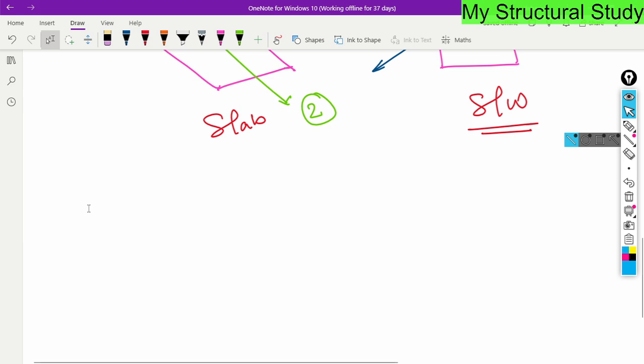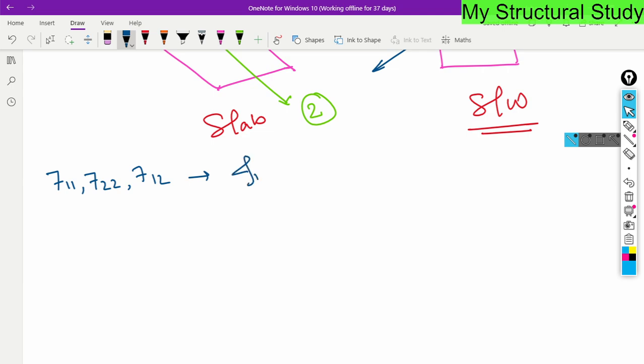Now here this F11, F22, F12, these are the in-plane forces for area element. These forces are along the particular local axis.